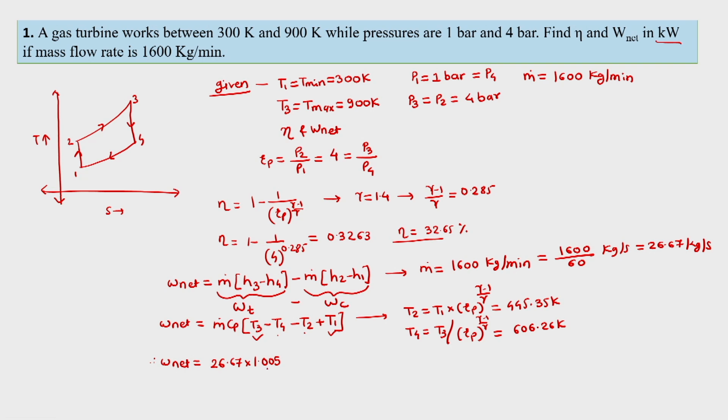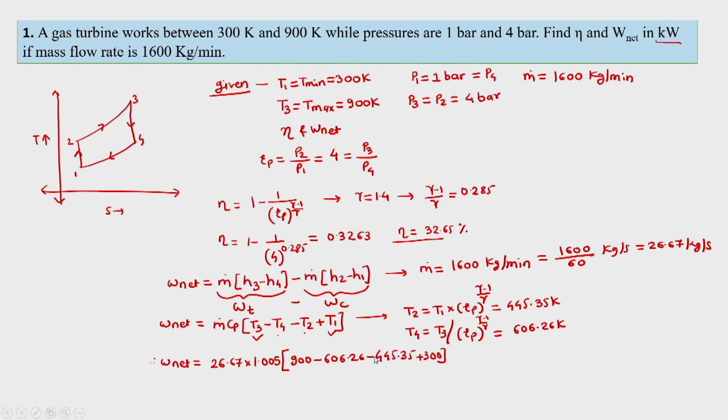So it is 1.005 kilojoule per kg Kelvin, and then T3 is 900 minus T4 which is 606.26 minus T2 which is 445.35 and T1 which is 300.